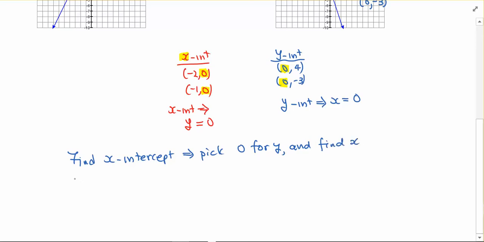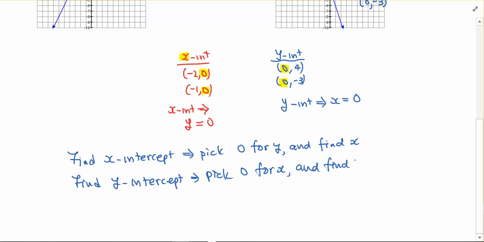And if the problem says find the y-intercept, then we're going to pick 0 for x and find y.